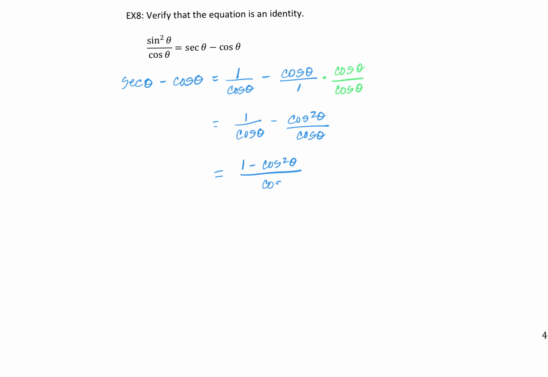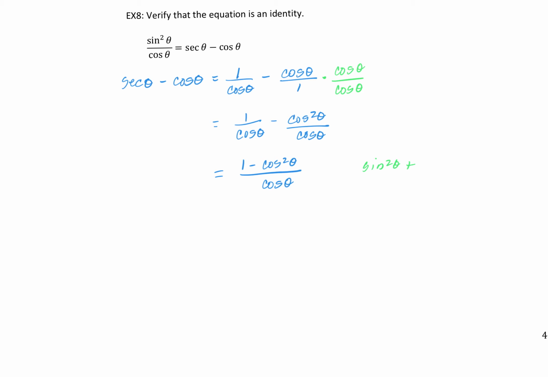over cosine of theta. So remember, this has to end up looking like sine squared over cosine. I've got the cosine in the denominator. I don't have the sine squared in the numerator. However, we have the Pythagorean identity. Let me write this off to the side.